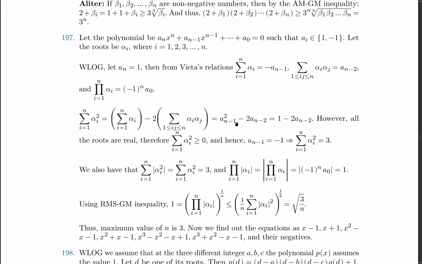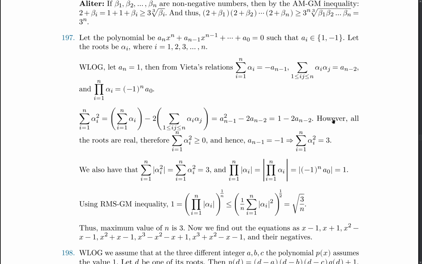Okay, now we have taken a_n is equal to 1. So all right, how this became 1? Okay, so this is 1, this is minus a_(n-1). I'll clarify this, how this is 1.